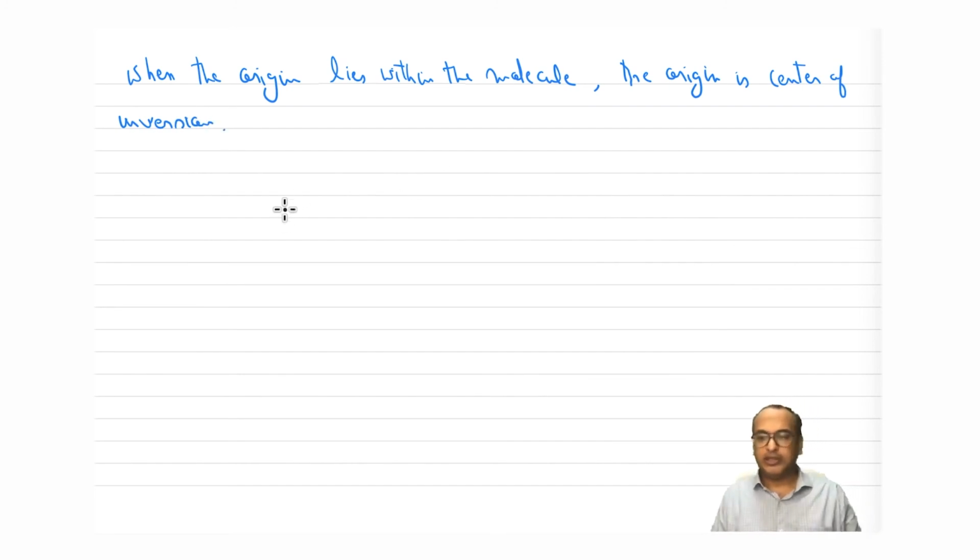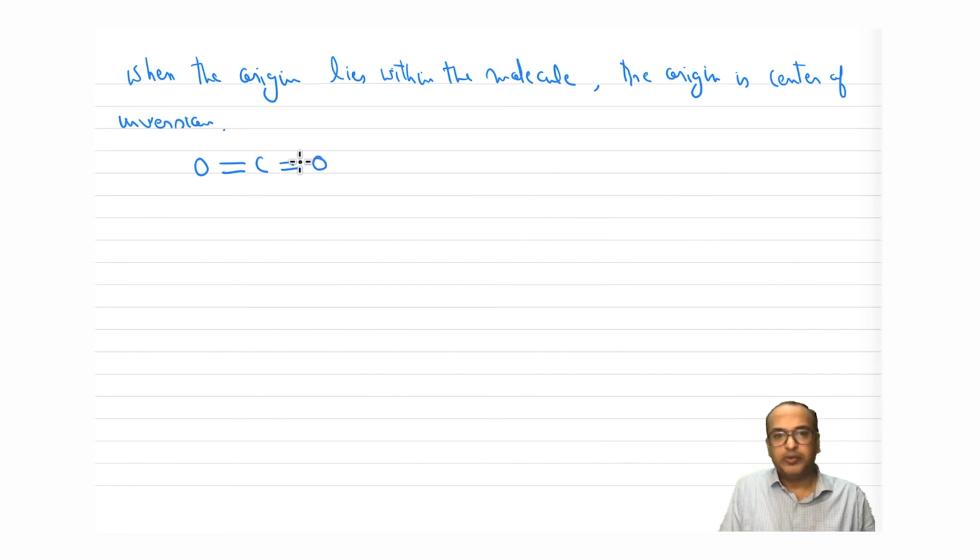All right, so let us look at an example. For example, if you have CO2, your carbon will be your inversion center, right? Because if you see, oxygen 1 will be replaced with oxygen 2 if you reflect everything from this point.